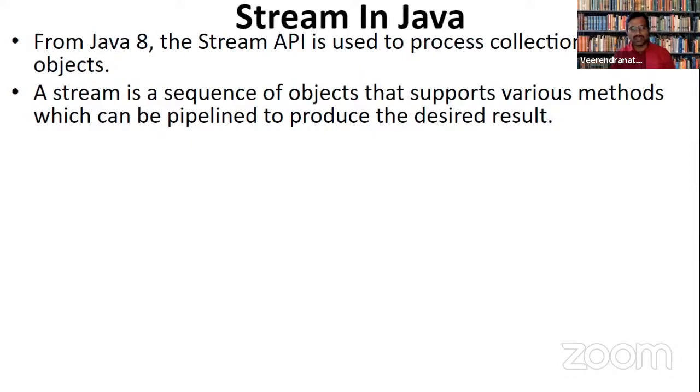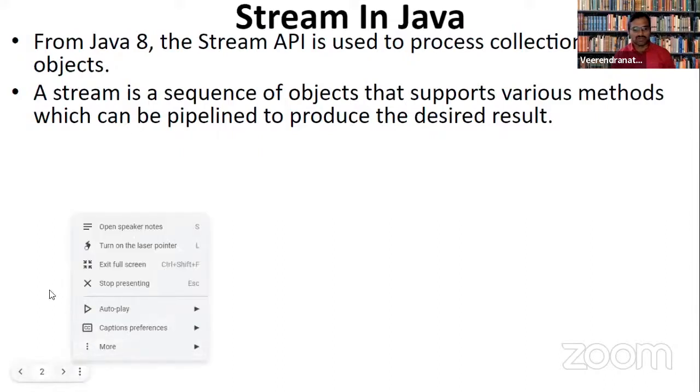All the methods available under the stream are pipelined, meaning they act in a sequence, doing their activities one after another. Once again, a stream is a sequence of objects.